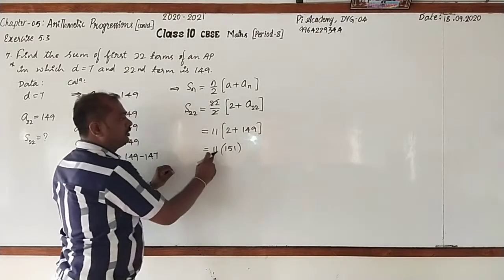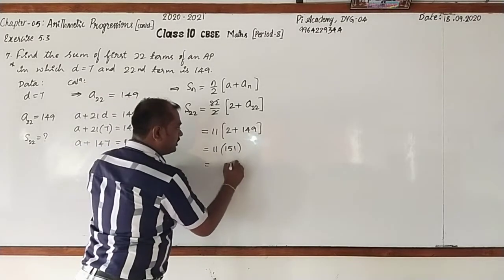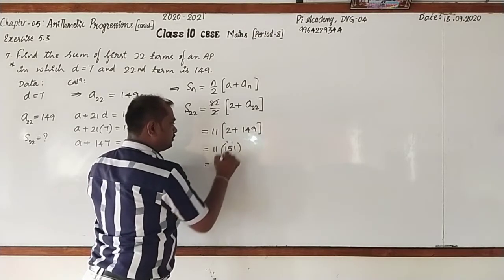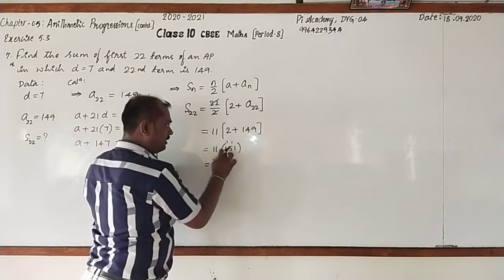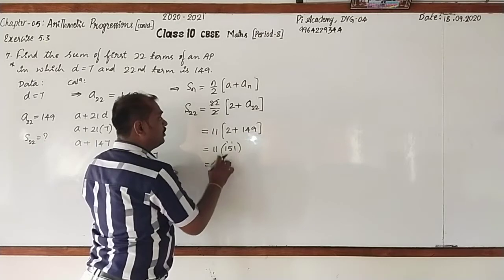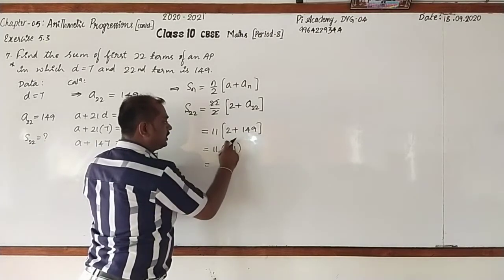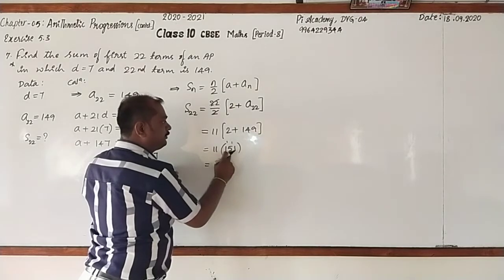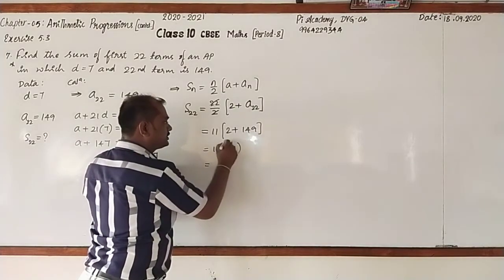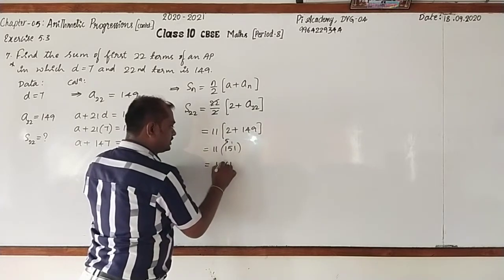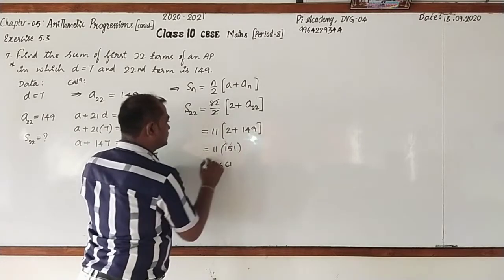It is equal to, now multiply. 11 ones are 11, carry 1. 11 fives are 55 plus 1, 56, carry 5. 11 ones are 11 plus 5, it is 16. 1661.